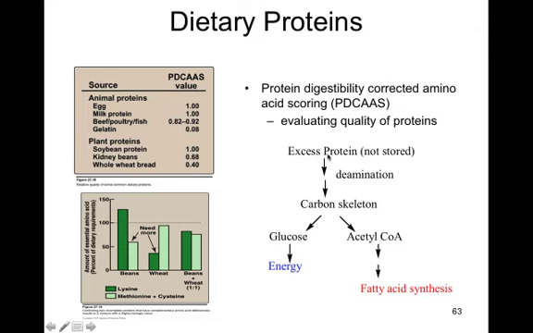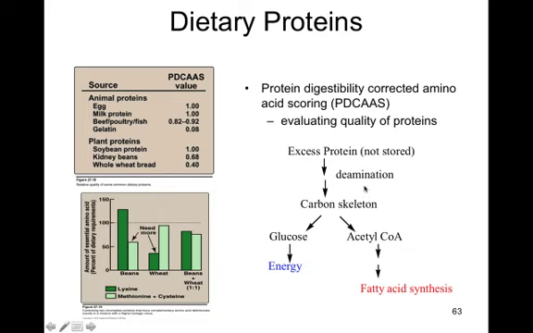So what really happens when you consume excess protein? When you consume excess protein, the excess protein, unfortunately, like the carbohydrates, which can be converted into glucose or fats, is not stored in the body.